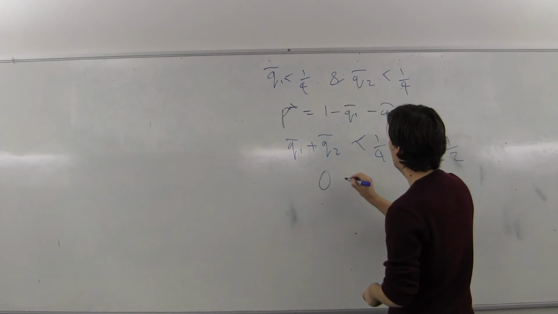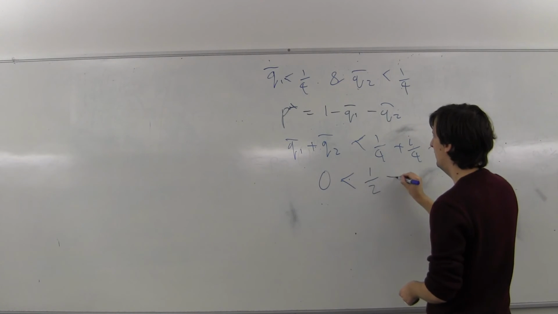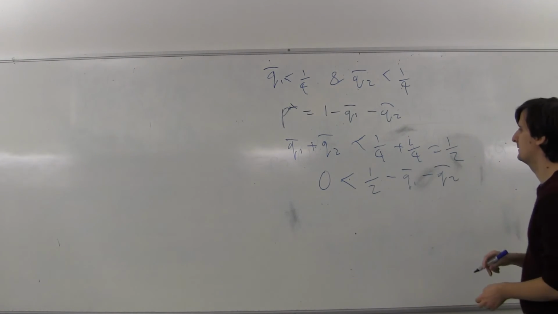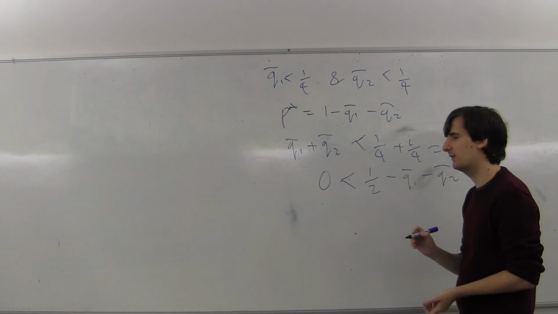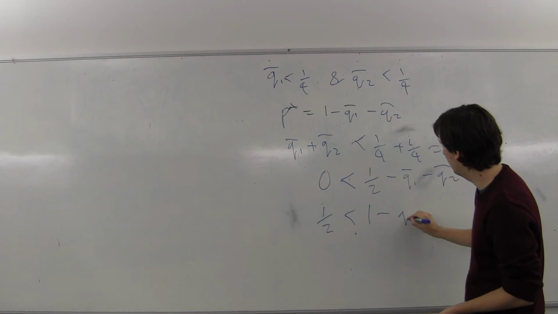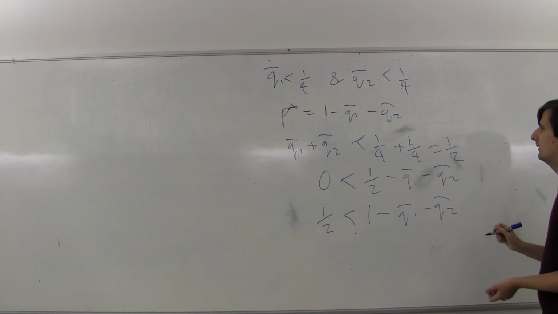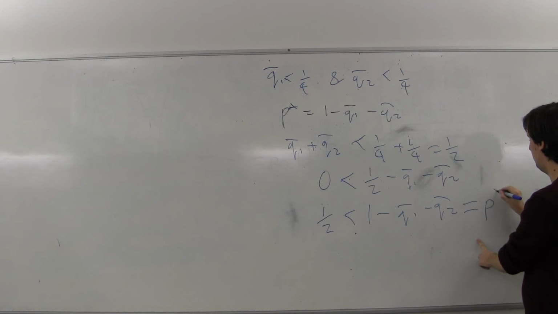So 0 is less than half minus Q1 bar minus Q2 bar. Now let's add a half to both sides. So half is less than 1 minus Q1 bar minus Q2 bar. Well, this is just the definition of P star. So this is equal to P star.